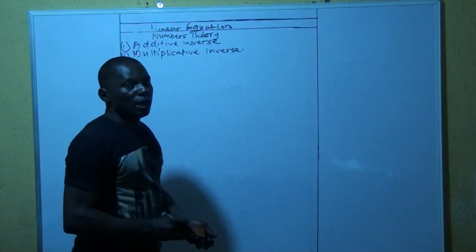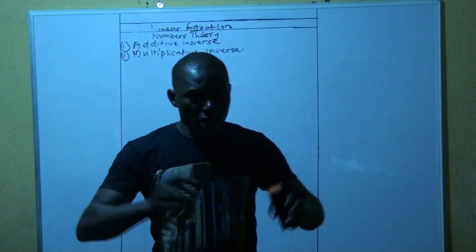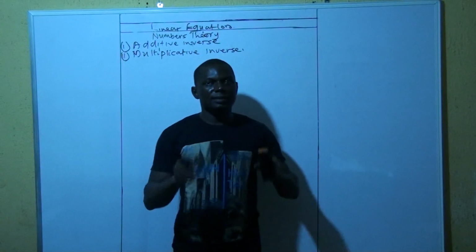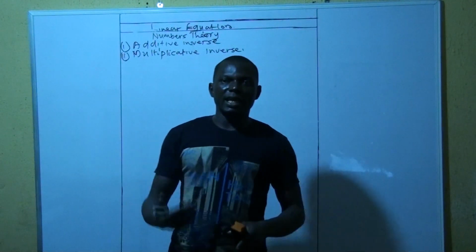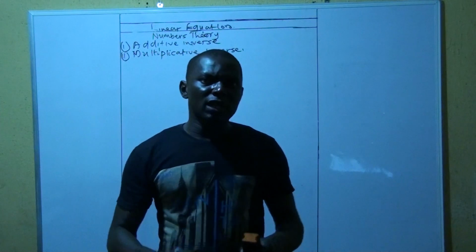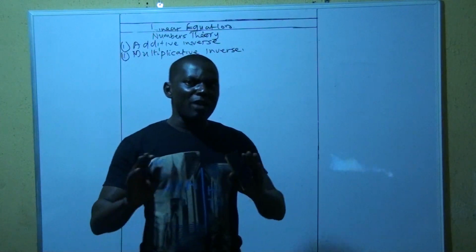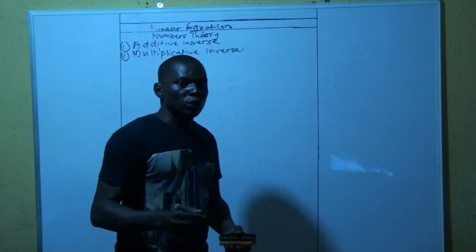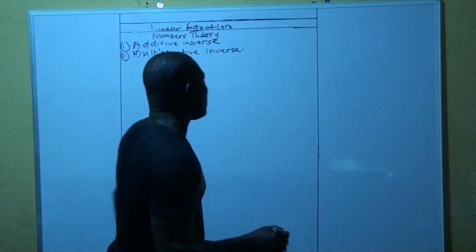So these two aspects will enable us to resolve problems on linear equation with less difficulty. So what arises here is that the idea of collecting items will be avoided using these two aspects of number theory. So additive inverse. So what is additive inverse?